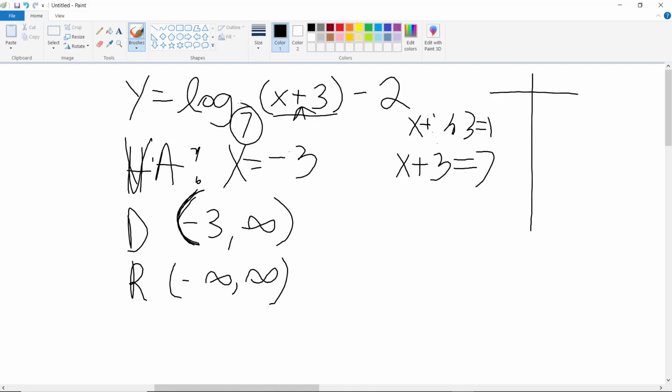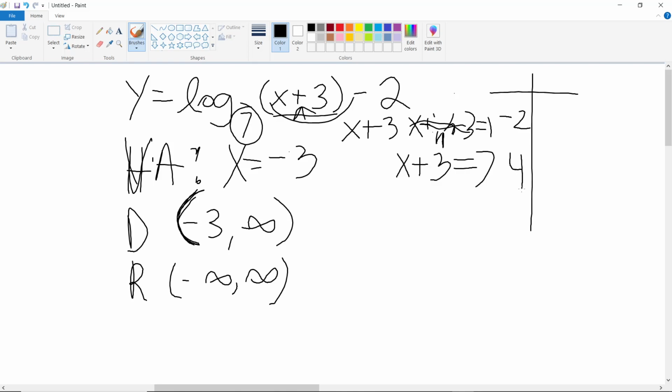So x plus 3 equals 1, and x plus 3 equals 7. Well, if x plus 3 equals 1, x is 1 minus 3, which is minus 2. And if x plus 3 equals 7, x equals 4.